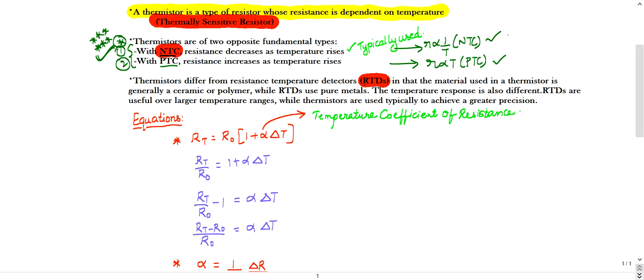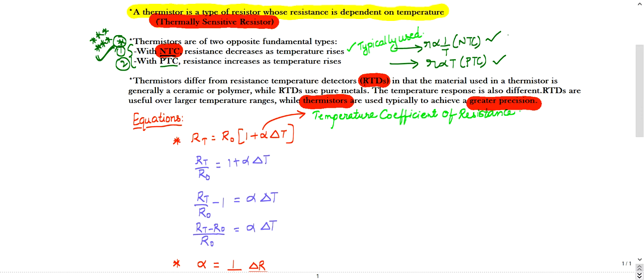Also, RTDs are used over large temperature ranges, whereas thermistors are used for small temperature ranges, and thermistors have a lot of precision. Even if there is a small change in temperature, the resistance varies, either decreasing or increasing.